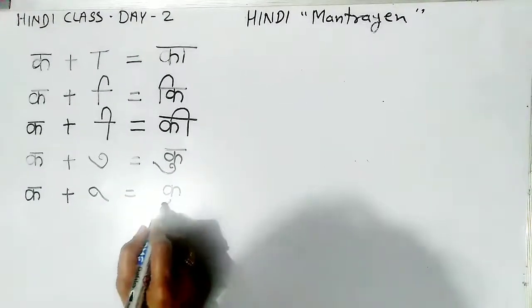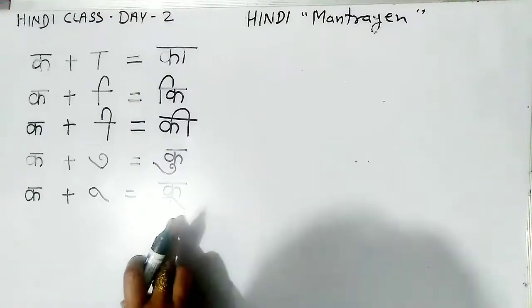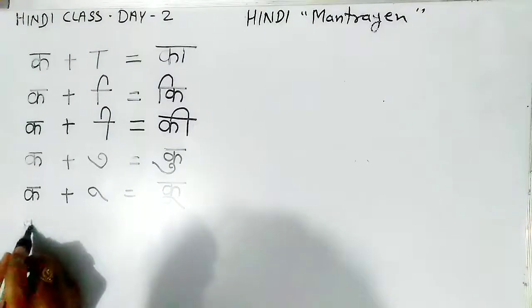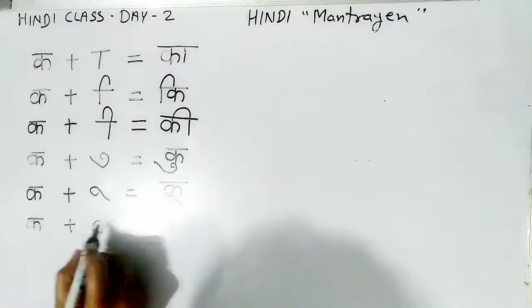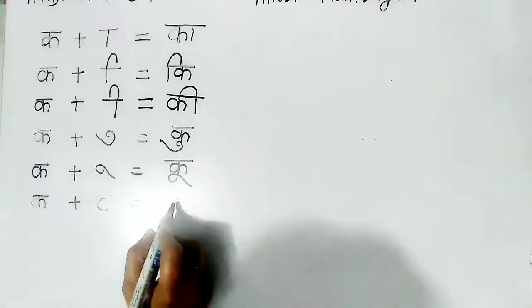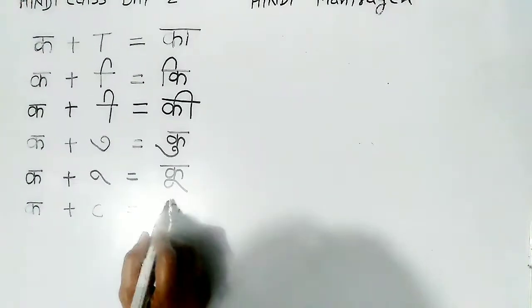K plus the Ri matra. K and this is the Ri matra. It makes Kri.